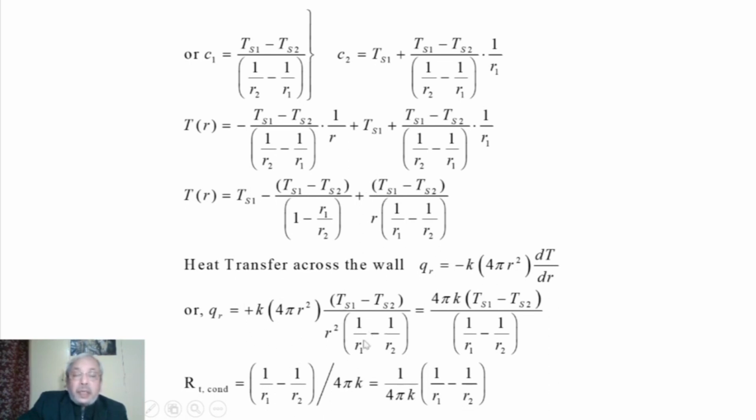With some rearrangement, we get QR equal to 4 pi k (Ts1 minus Ts2) divided by (1 by R1 minus 1 by R2). So the conduction resistance is given by (1 by R1 minus 1 by R2) divided by 4 pi K, if we express it as temperature potential divided by QR.